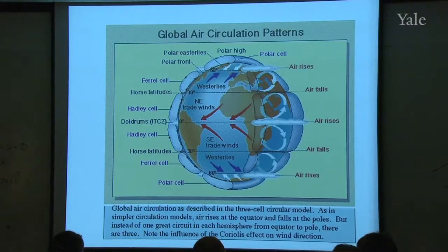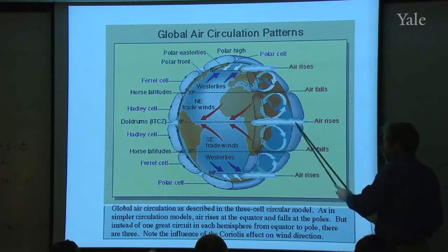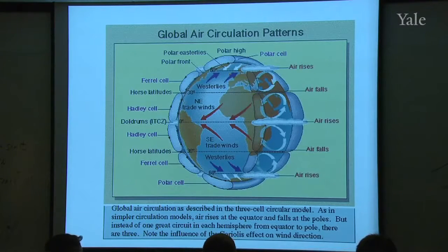But the nature of that circulation becomes rather complicated because of the spherical geometry of the Earth, the fact that the Earth is spinning, which distributes the solar heat pretty well zonally around the equator. But then the other big thing is the Coriolis force. We're going to be talking about the Coriolis force today in some detail, but for right now I'll just mention it as one of the reasons it gives rise to this rather complex three-cell structure.